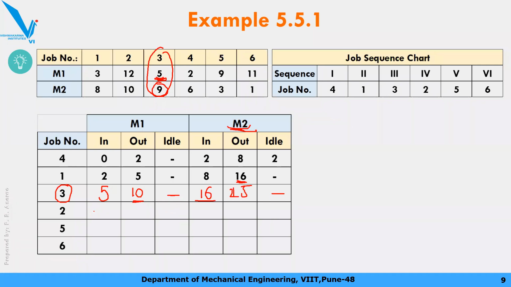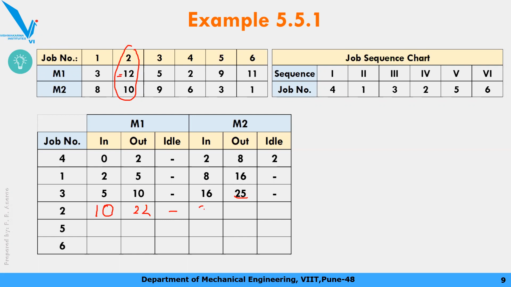Okay, so again we'll start for job number 2. Job number 2 will be assigned on machine number 1 at 10 o'clock. It is going to take 12 hours to complete. So 22, machine 1 is not idle for any time. From 22 to 25, job 2 is just waiting.